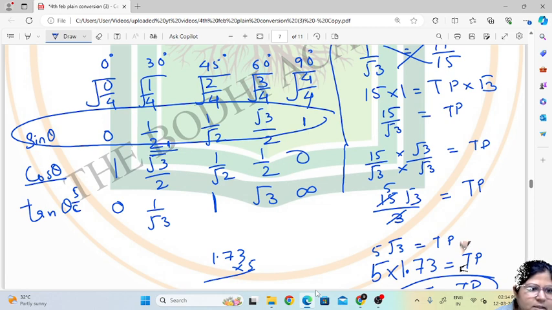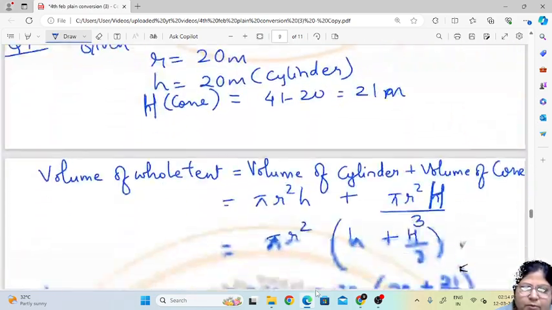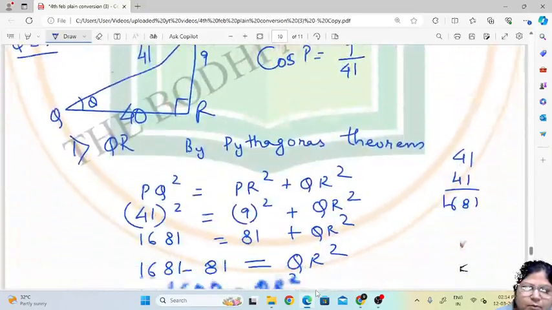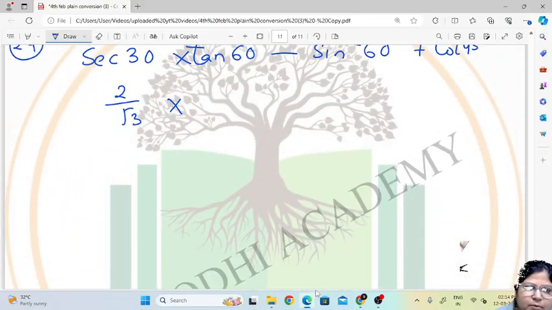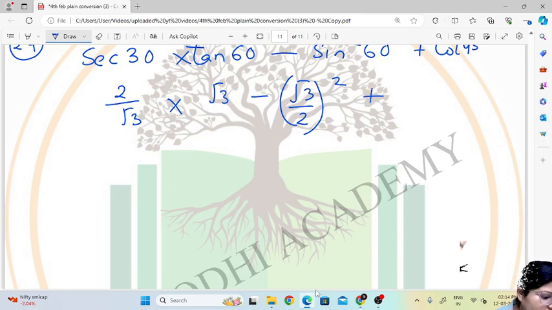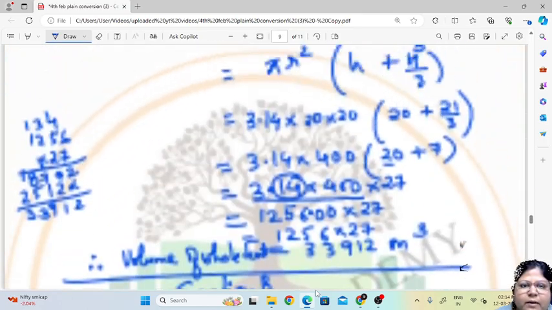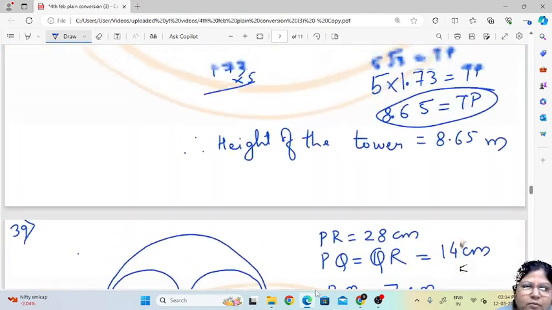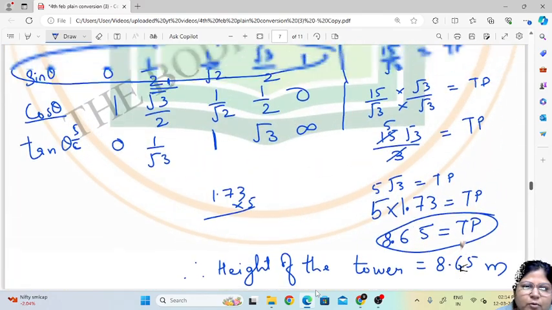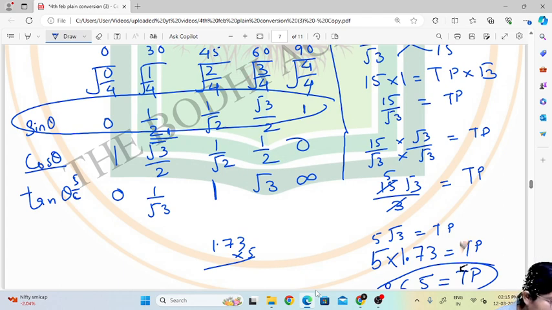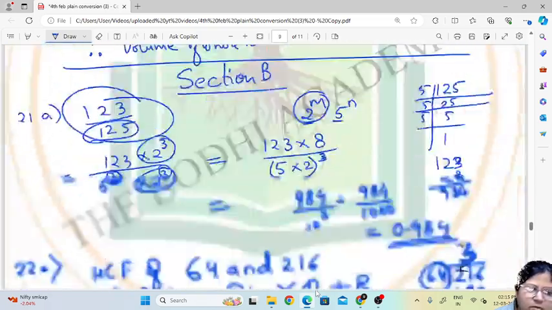Then sine 60 is root 3 upon 2, root 3 upon 2, whose square is there. Now cot 45 is 1 only. Either it is tan 45 or cot 45, it is going to be 1 only.